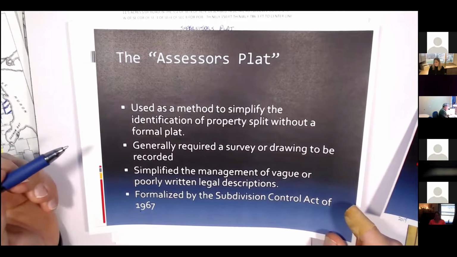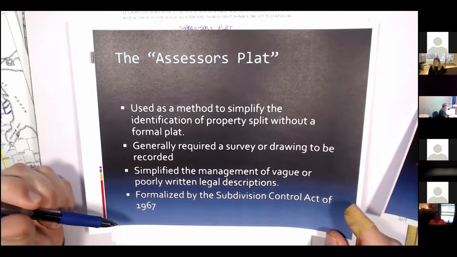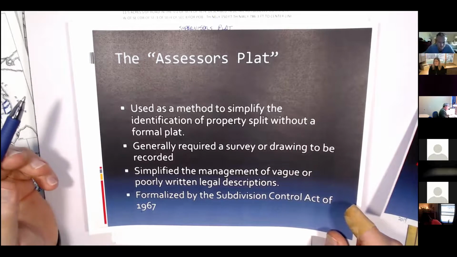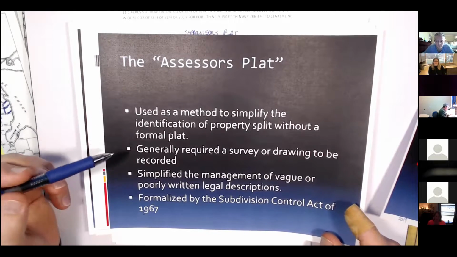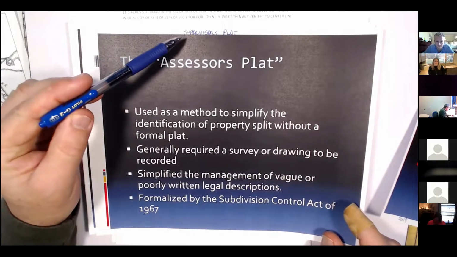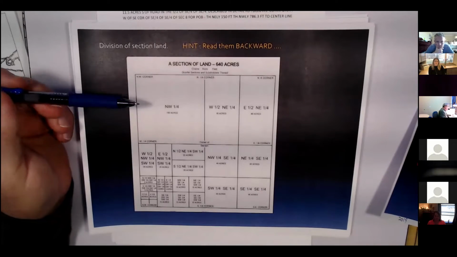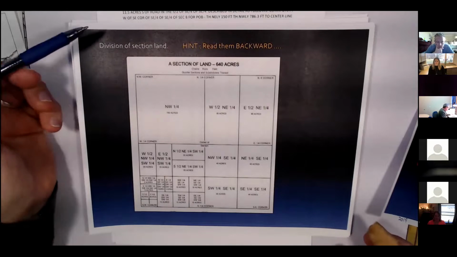After they've been so described, they're usually going to discontinue that earlier long description that was very confusing. But you will, on occasion in your documents, see supervisor's plats or assessor's plats, and that's what those are. It's somebody in the past cleaning up a messy or ambiguous legal description.